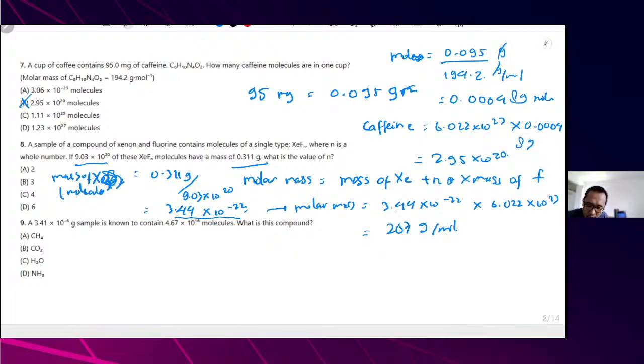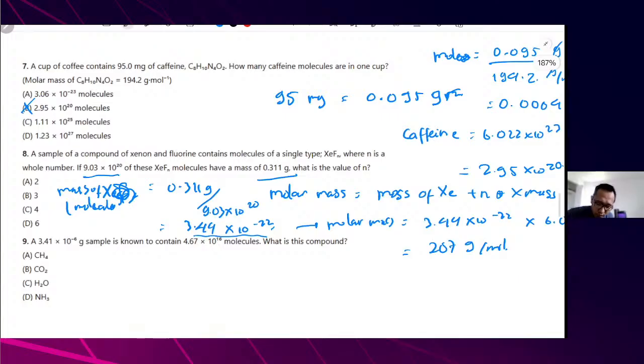Molar mass is moles times... okay, we need to know the concept of this first. What's the concept? It's moles. Not the mole, what's the concept of Avogadro's number here?